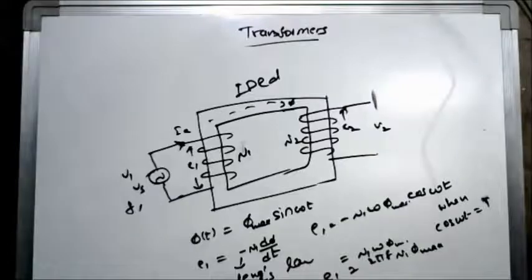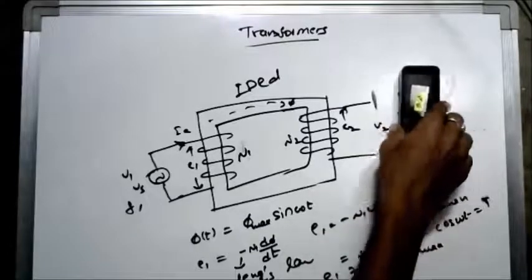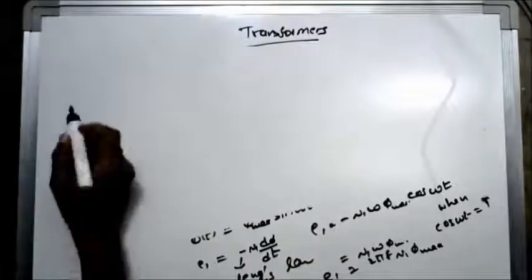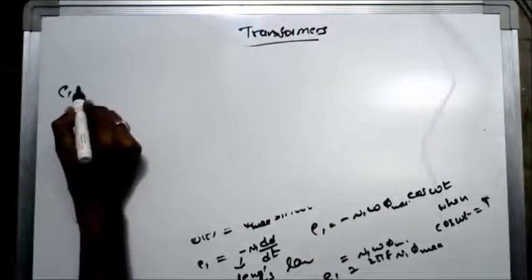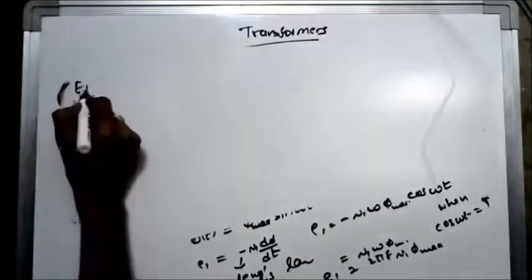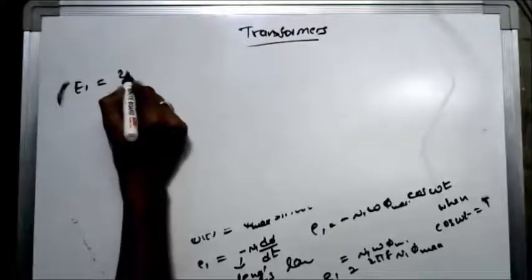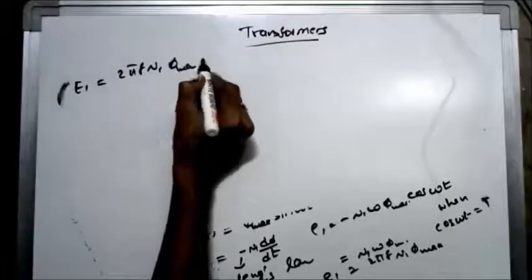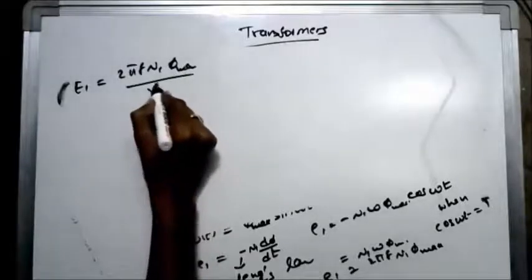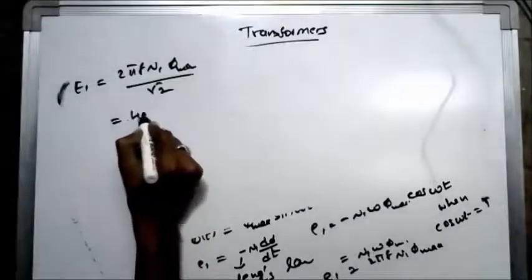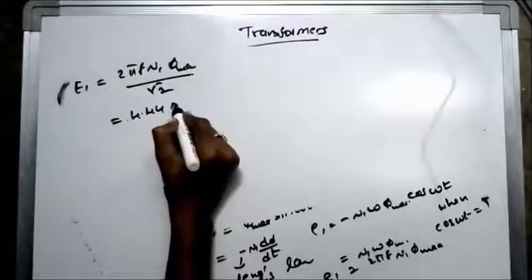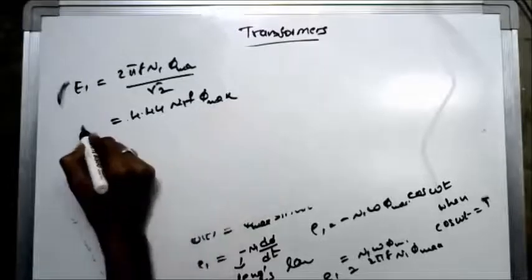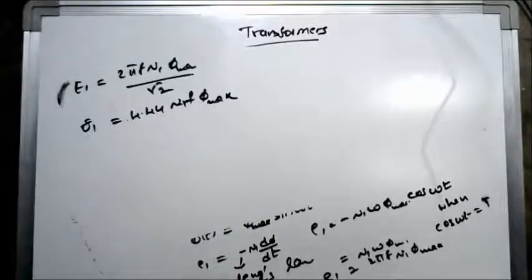So E1 is equal to 2 pi f N1 phi maximum divided by root 2, that is equal to 4.44 N1 f phi maximum. This is the induced voltage in the winding.